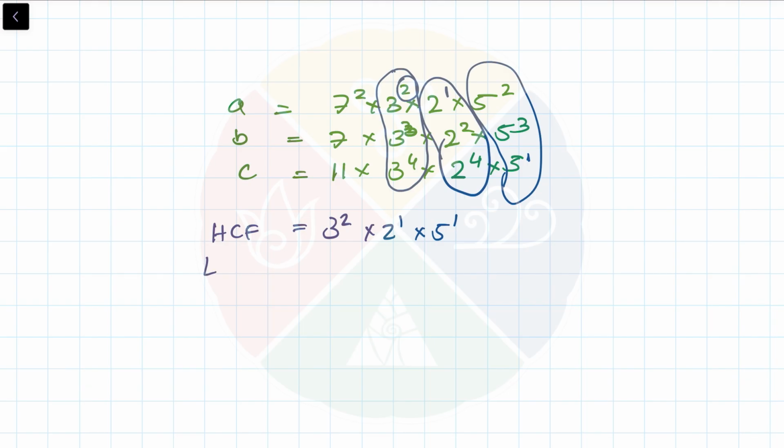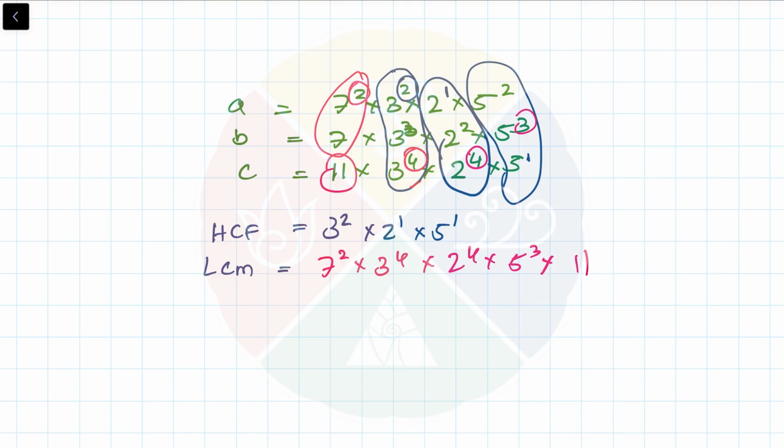If you want to find the LCM, then you have to take everything, the highest power also: 7 squared into, 3 is common, take the highest power, 3 raised to 4, into 2 raised to 4, into 5 cubed into 11. So for LCM, everything will come.